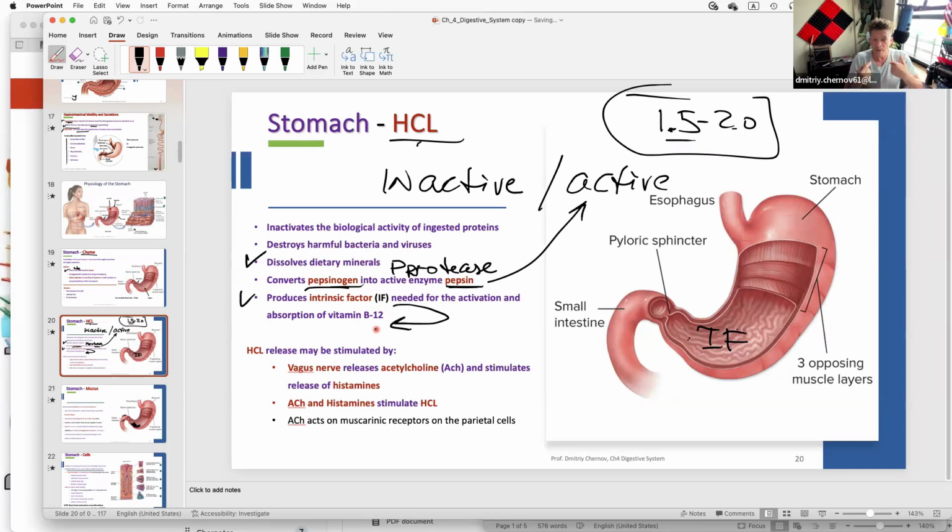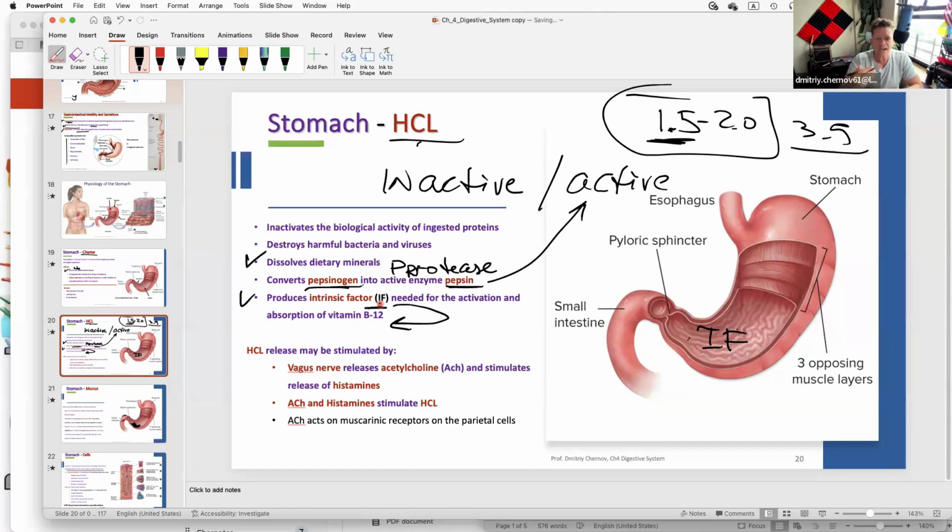So those people that have GERD, gastroesophageal reflux disease, or some other problems with the stomach, where the doctors decide to lower acidity, to increase pH, let's say to 3.5, then you do not have enough acidity in the stomach to activate intrinsic factor.